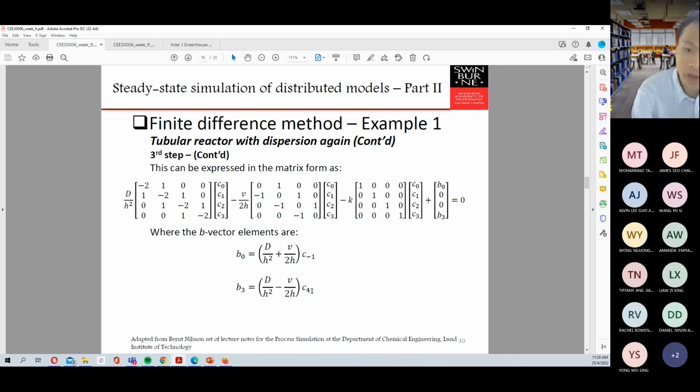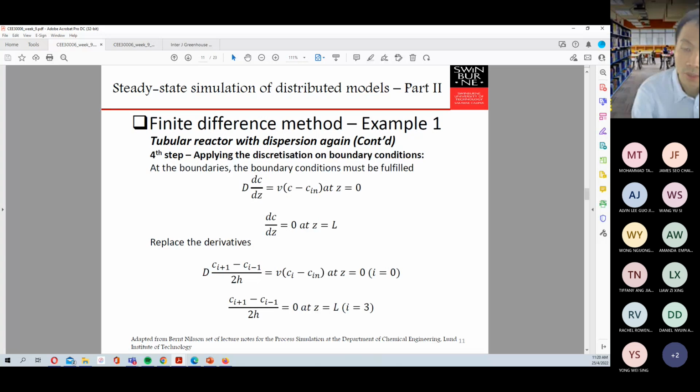However, your C minus 1 and C4 in here are not really known. So you basically need to convert this boundary condition into something that is known. Apply your discretizations on the boundary conditions. You have 2 boundary conditions, this first boundary condition and the second boundary condition.